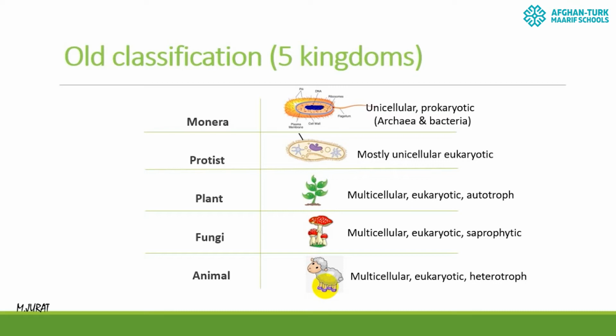So we said according to the old classification there were 5 kingdoms: Monera, Protista, Plant, Fungi, and Animalia. And only Kingdom Monera, with 2 creatures inside of it, like archaea and bacteria, had prokaryotic cells. The rest had eukaryotic cells.